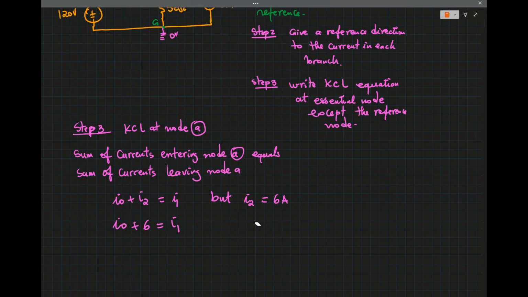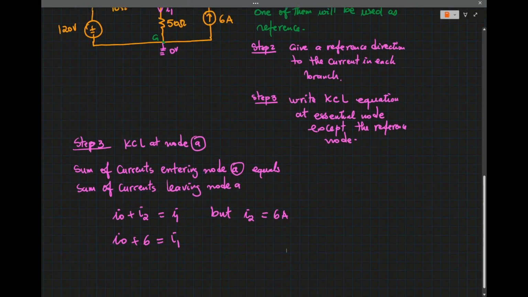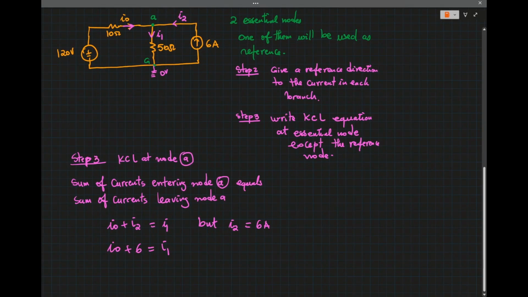Now we need another equation, so that we have two equations, two unknowns, and then we can just solve those equations to find the currents I0 and I1.